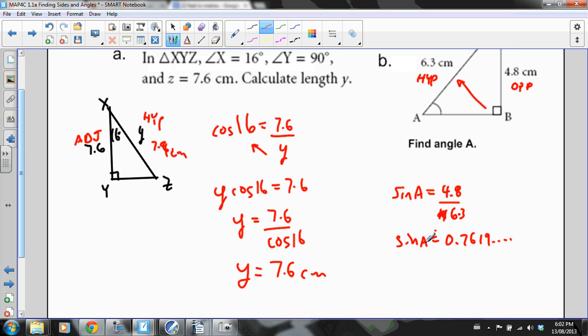How do I get an angle? Remember, I got to get rid of the sine. I got to do the opposite operation of sine, and that's that second function business. That's sine minus 1. First time we saw that this year, but you should remember that from grade 10, grade 11, and so on. That's actually approximately 15 degrees.